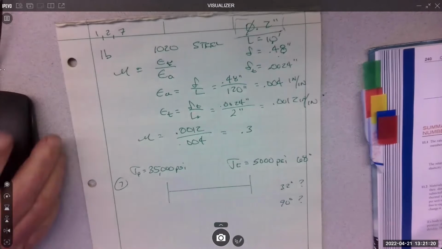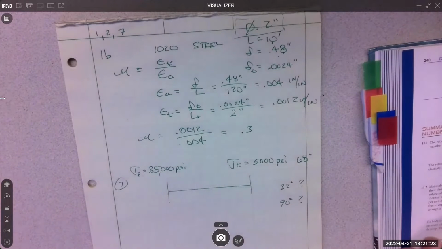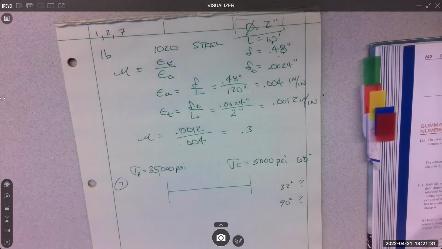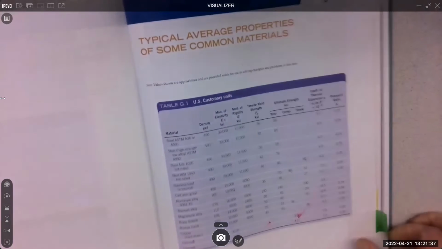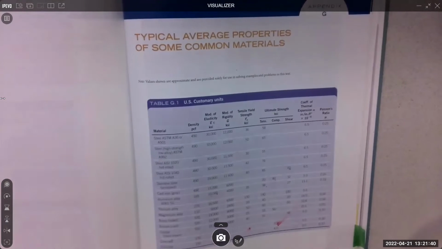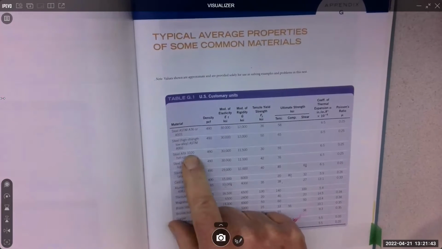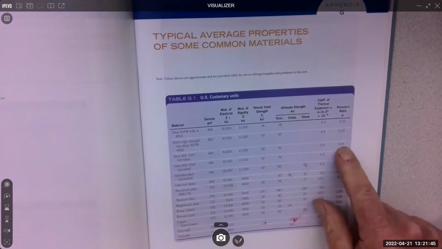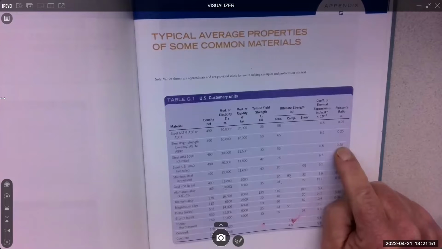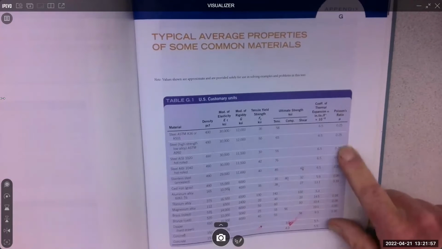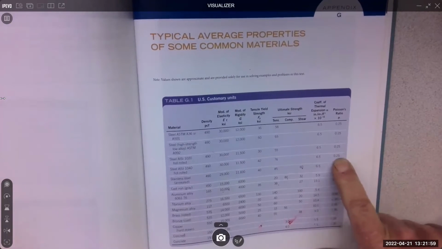Now, they gave us this material, right? What was it? It was 1020. Okay, so let's see if that's in the back of the book, because Poisson's ratio is a material property. And let's see if we have a 1020. We do. 1020. And they say Poisson's ratio is 0.25. So we came up with 0.3, kind of a calculated Poisson's ratio, and in the back of the book, its average Poisson's ratio is 0.25.